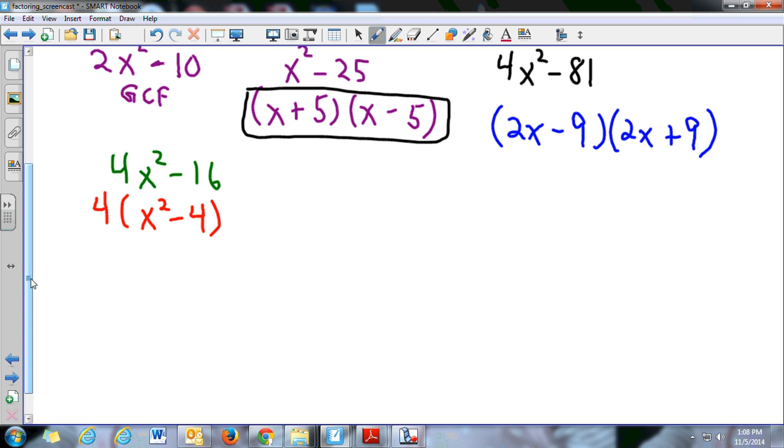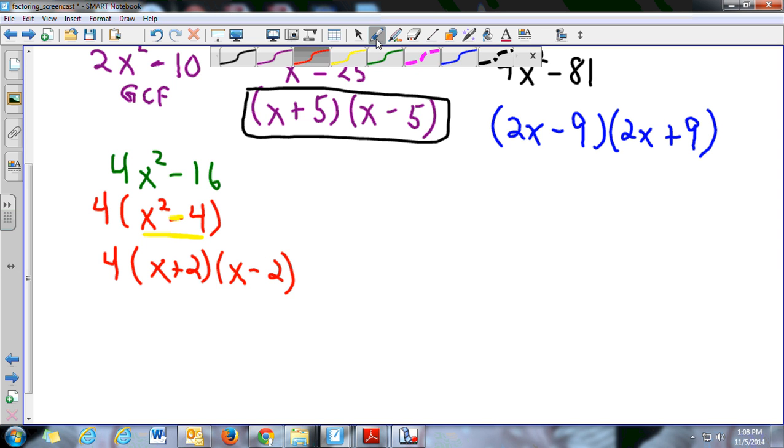But what we're left with inside of my parentheses here is still a binomial. It still has a minus sign, and both x squared and 4 are perfect squares. So I bring my 4 down, x squared breaks into x and x. 4 is a perfect square because it's 2 times 2. I put my plus sign, I put my minus sign, and so actually here I can factor this out twice.